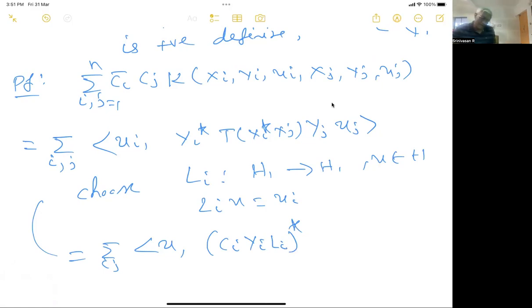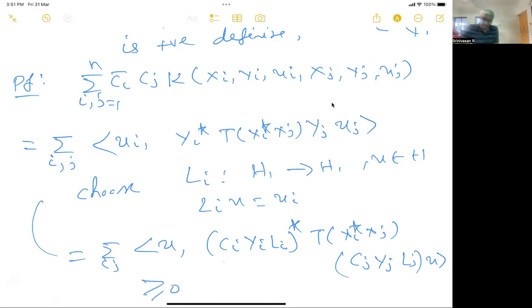L_i star, then T of the same thing, x_i star x_j. Then c_j, this is the jth part, this is a new y_j. c_i L_i is the new y_j, c_i y_i y_j L_j u. Okay, now with the previous thing, this is greater than by the previous level. Okay. So this is the possibility.